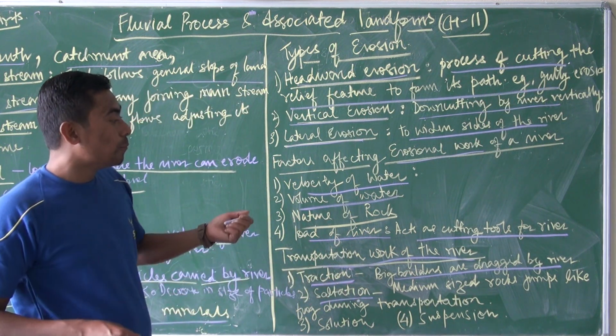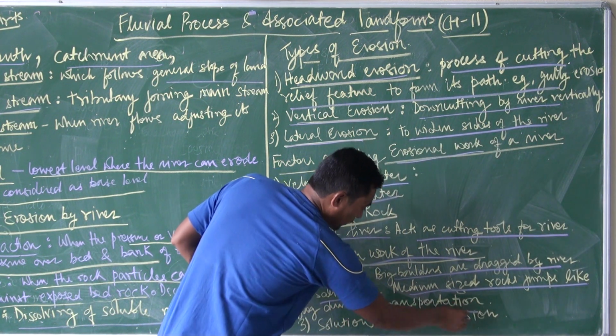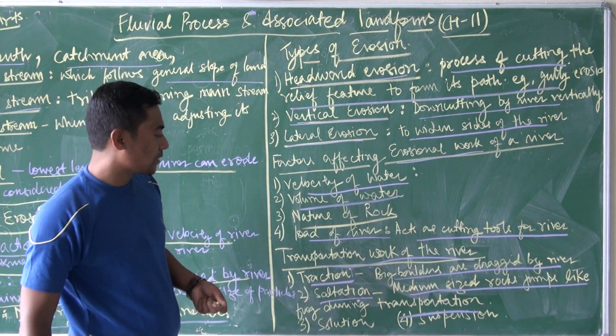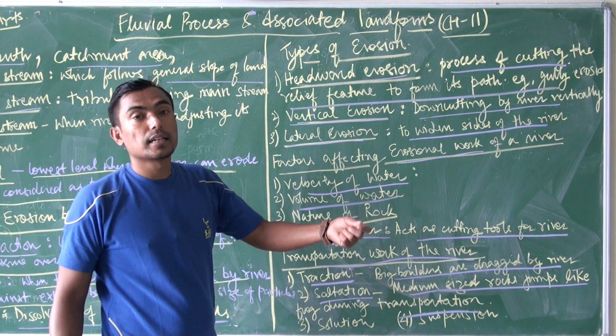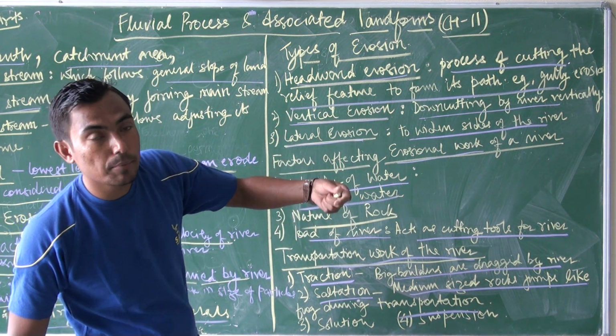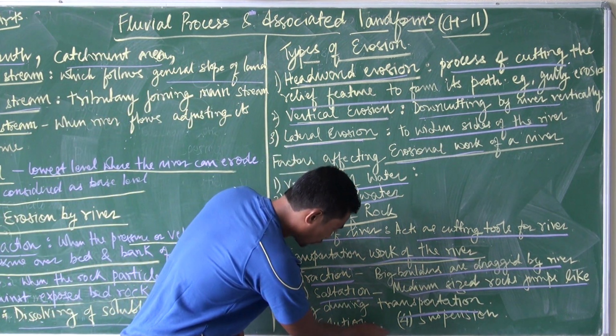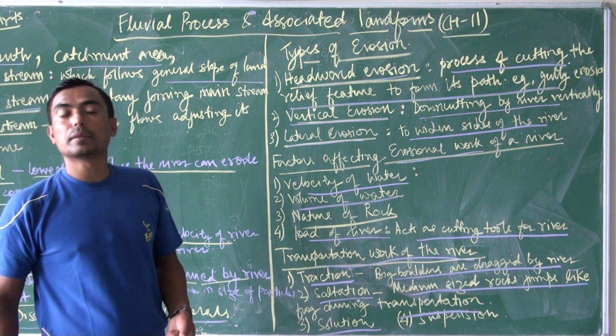The movement of medium-sized rock by the rivers in the form of frog jumping is called saltation.